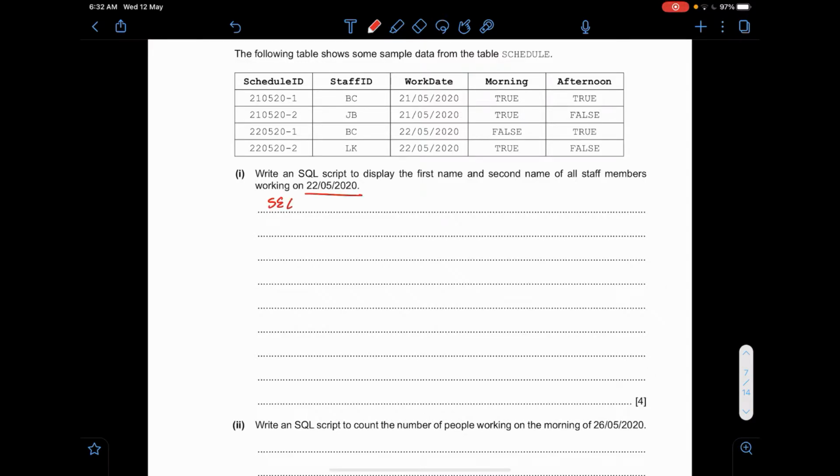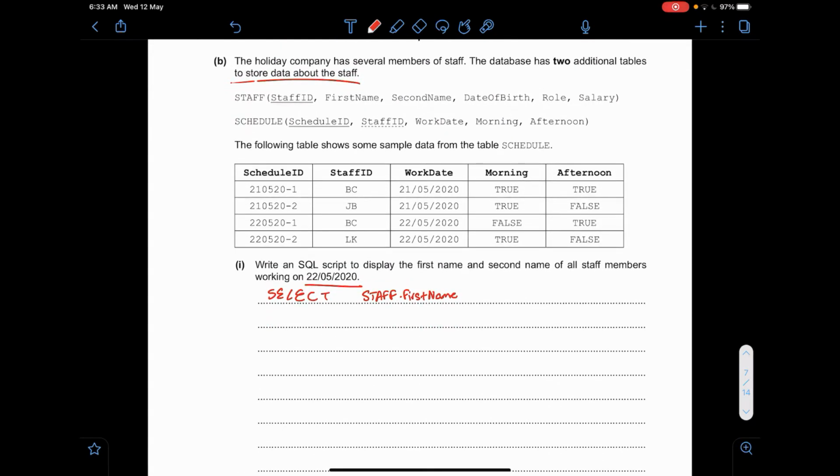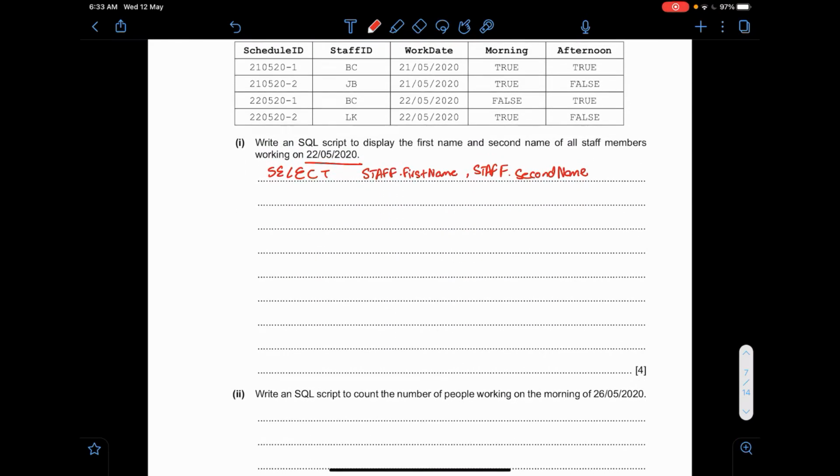So we're going to use select because we have to select and display them. I'm gonna write staff.first name because we need to show the first name and the second name. First name comma staff.second name, so this is your selection statement. You're selecting this from staff, the table staff.